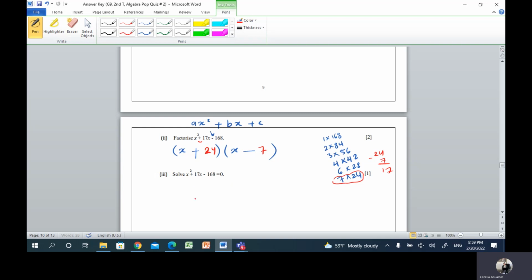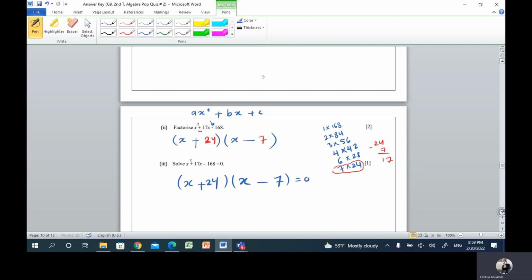Okay, now that we factorized, they want us to solve the equation. So we factorize this equation as x plus 24 times x minus 7. All this is equal to what? To 0. Let's solve it.